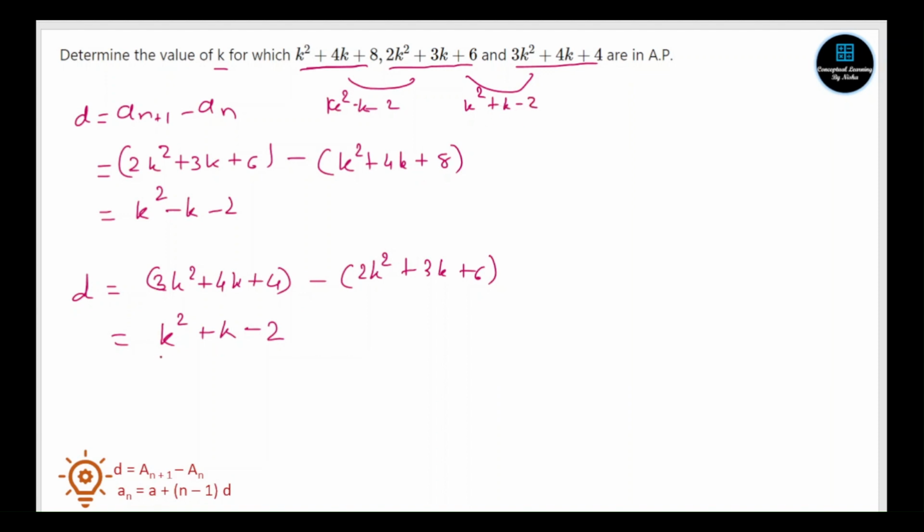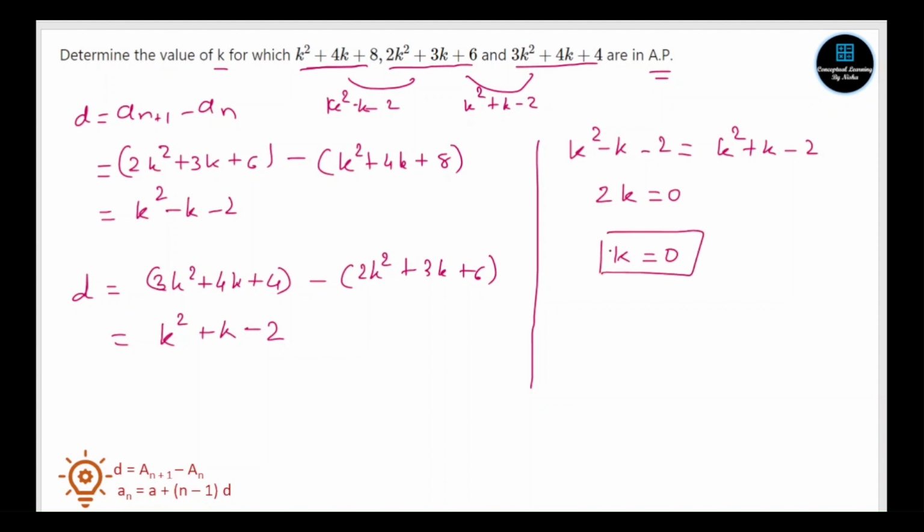Both should be the same because they are in AP, correct? So I can write k square minus k minus 2 equals k square plus k minus 2. On simplifying this, we get 2k equals 0 and hence k equals 0.